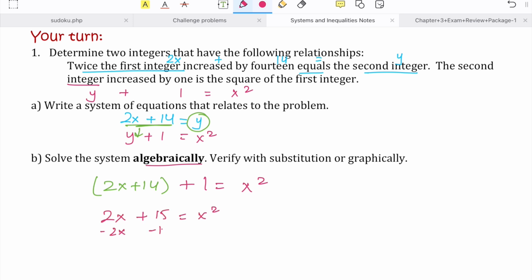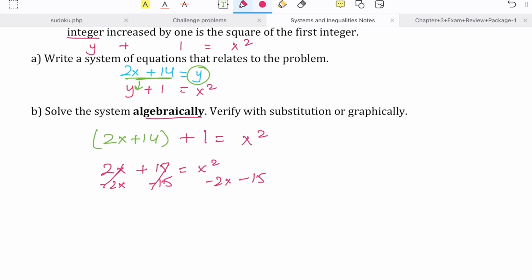Subtract 2x to have everything on one side, right? So we have 0 is equal to x squared minus 2x minus 15. And then we can use product sum factor for this one. Product is negative 15, sum is negative 2. Your factors will be negative 3 and 5.